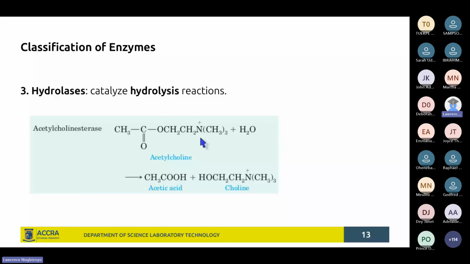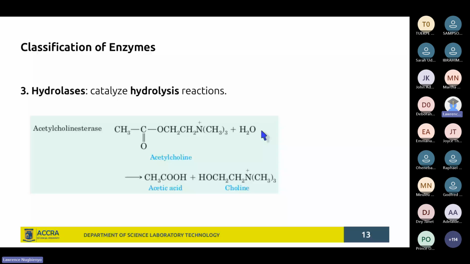In the presence of water, this acetic group part of the molecule is broken, and you have an acetic acid, and then the choline portion is also separate.